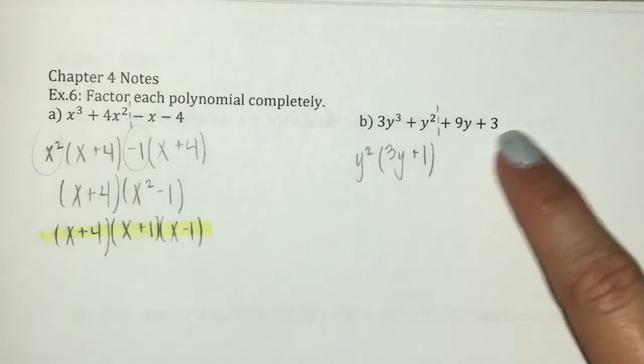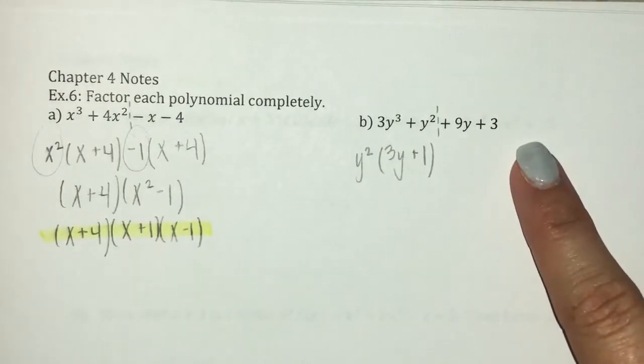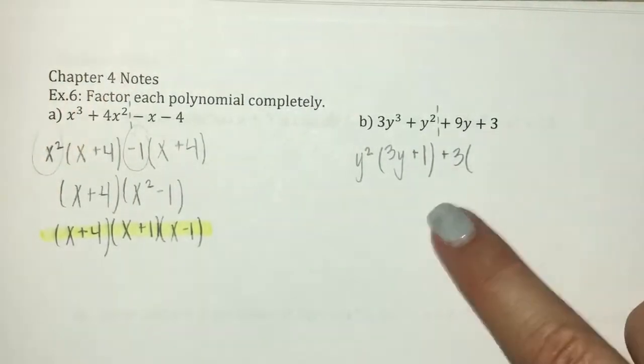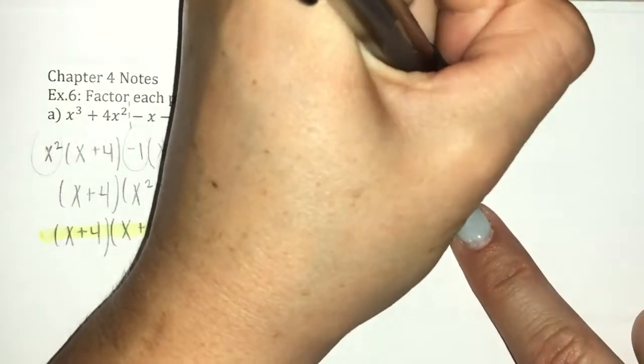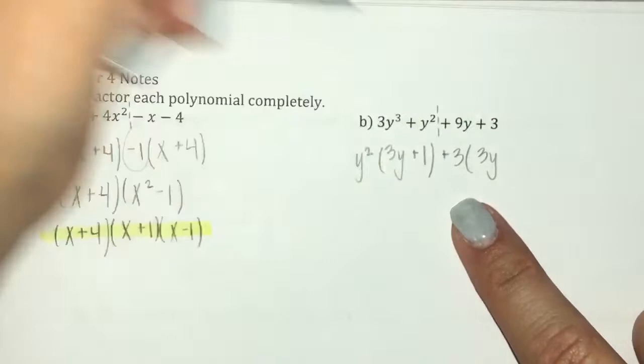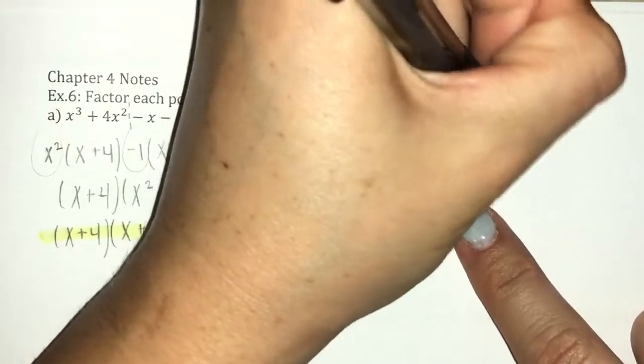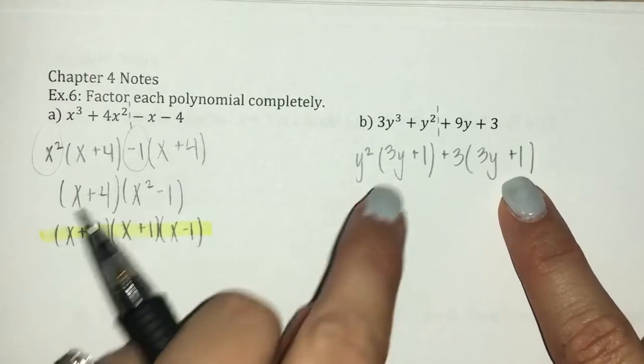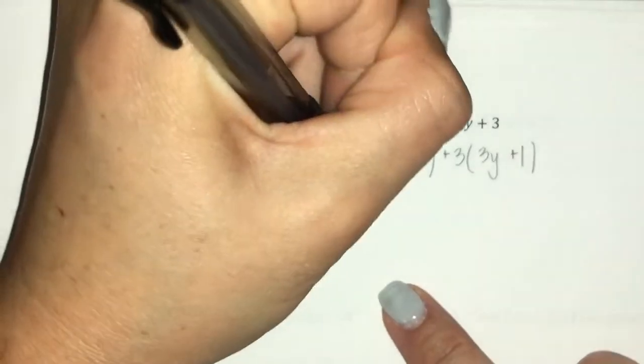And then between 9y and 3, you can factor out a 3. So plus 3. And then 9y divided by 3 is 3y. 3 divided by 3 is 1, so plus 1. Each of these terms both have a 3y plus 1, so I'm going to pull that out.